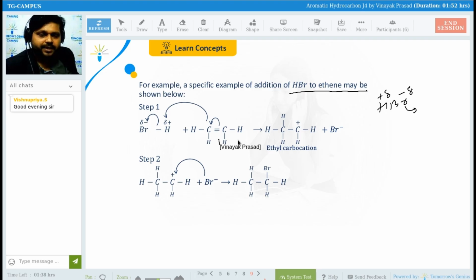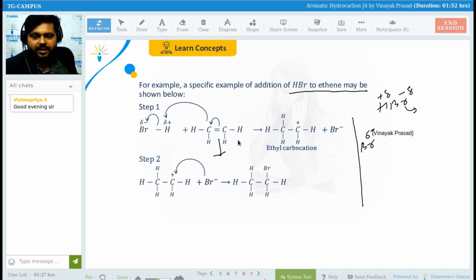Now, what will happen here to this alkene? If the pi bond shifts towards the left, then the right carbon will have the positive charge, right? So we can make the addition product. Br is more electronegative, so the minus charge will be there, and hydrogen is less electronegative, so it will have a positive charge.